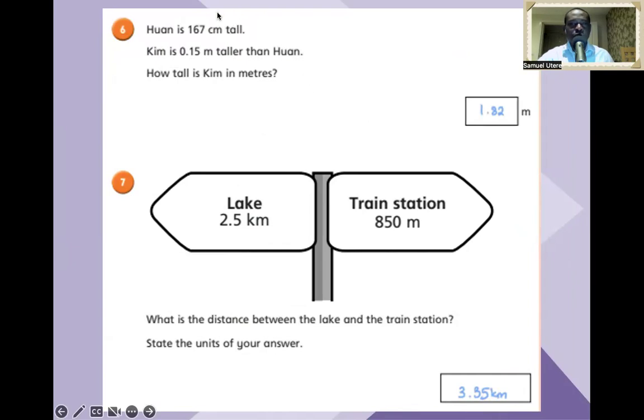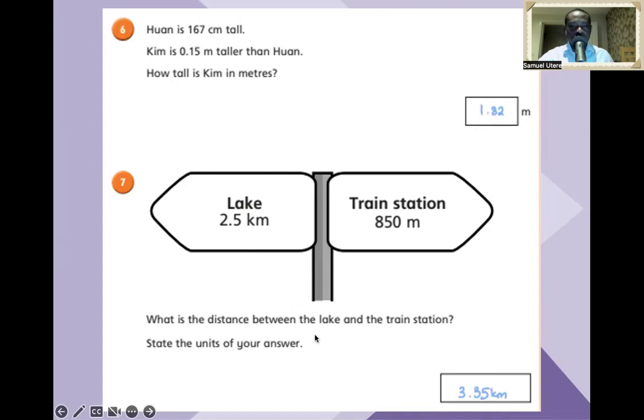Now take note, you're going to have to convert this one to meters before you add her height, because she is this much taller. This will be 1.67, and then you add 0.15 to it. That will give you your answer.